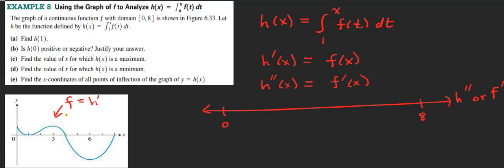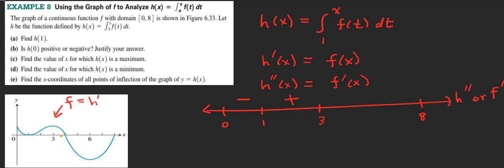Now, this is f. So when f is decreasing, that means f prime is negative, which is the same thing as h double prime. So from 0 to 1, h double prime or f prime is negative because f is decreasing. And then from 1 to 3, f is increasing. Therefore, f prime should be positive.